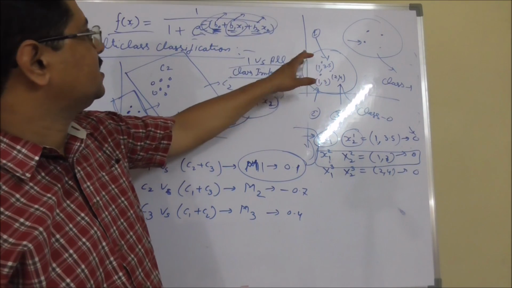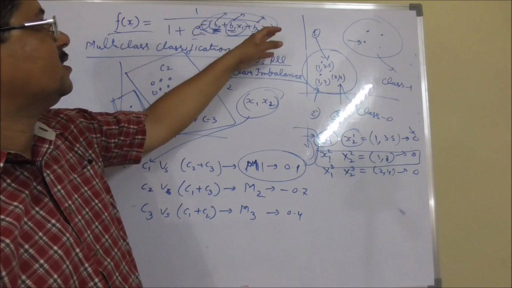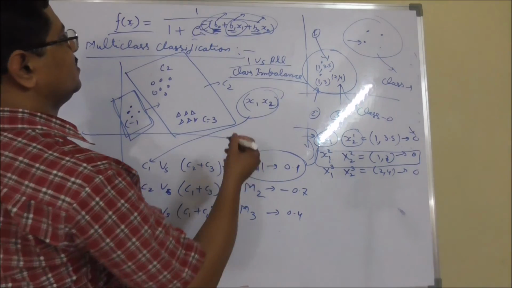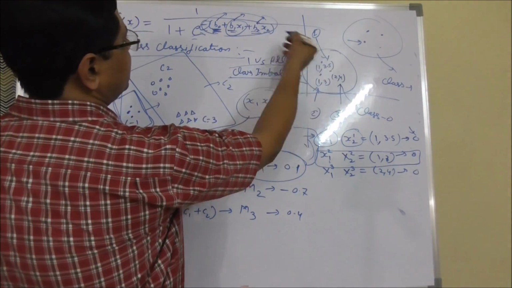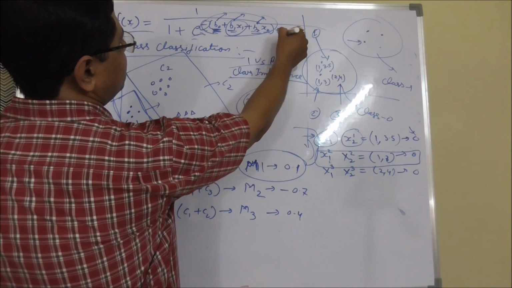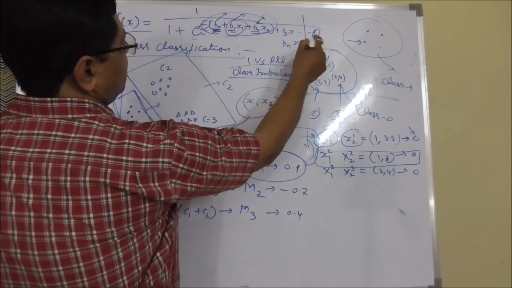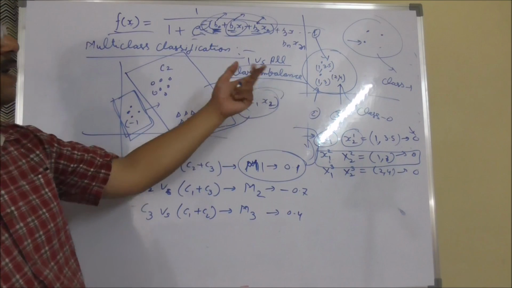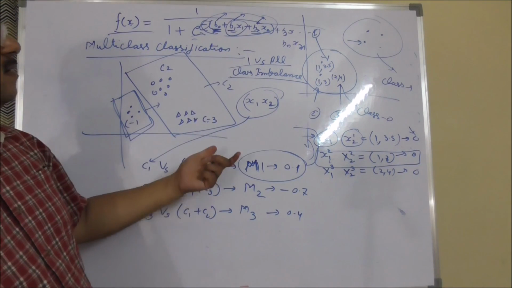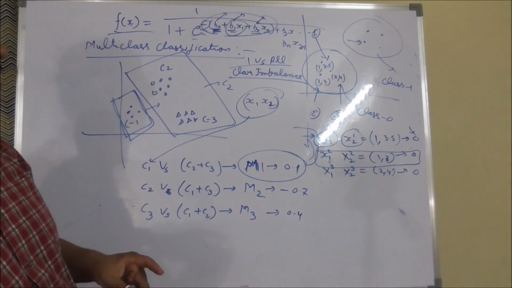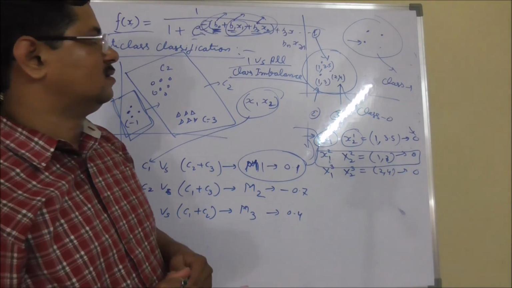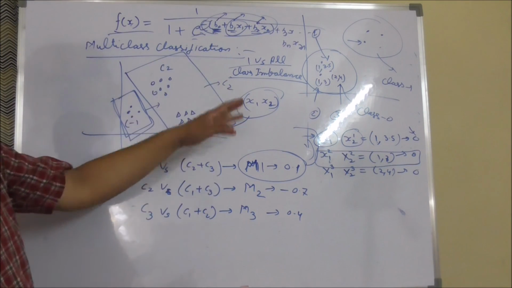And after learning those parameters like b0, b1, b2, or it may be anything, for example here we have taken just two parameters, so it may be like b3, x3 till bn, xn. We can learn all those things, and after that we can predict the class of new points.